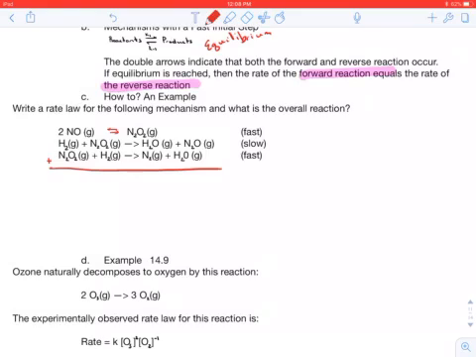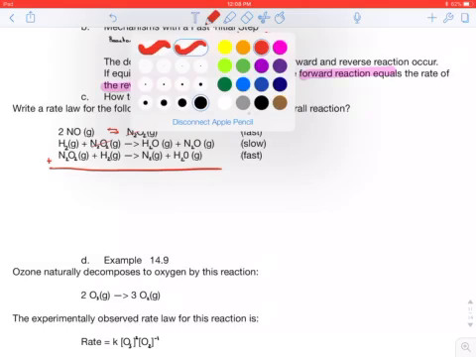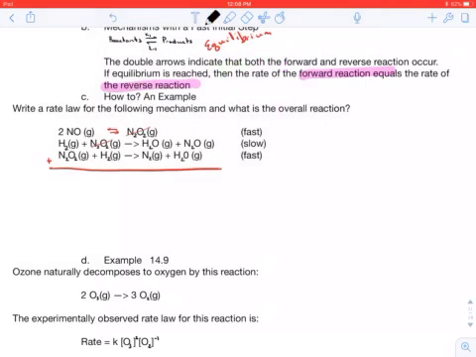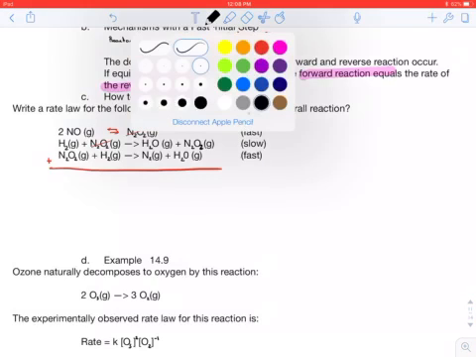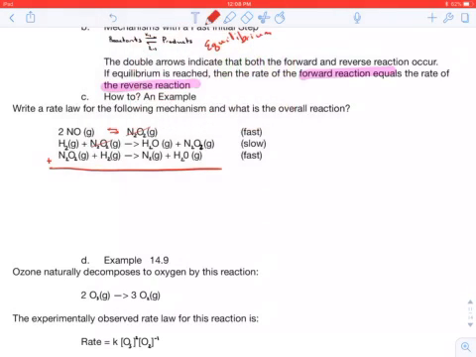And when we do that, what we can do is cancel out things that are alike on opposite sides. Like this N2O2, we can cancel out. And then we have another N2O2 right there, and so it can cancel out as well.